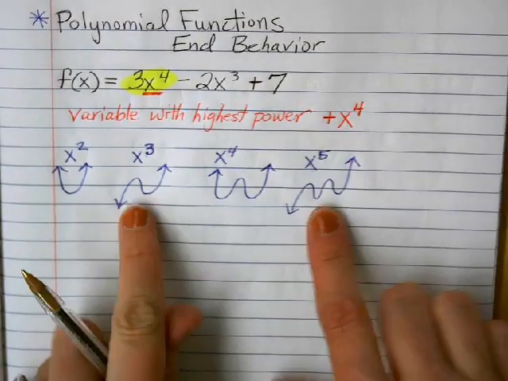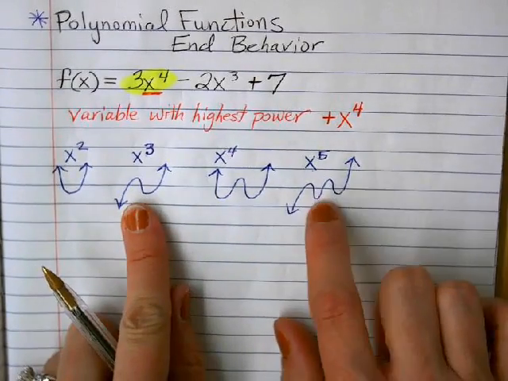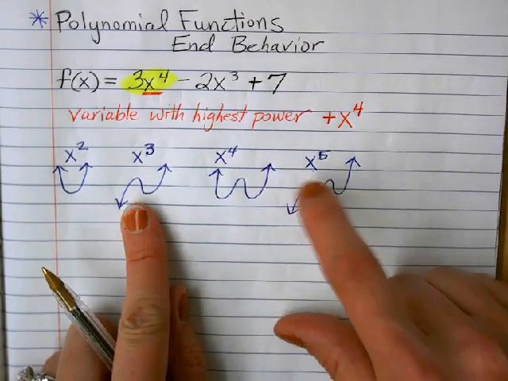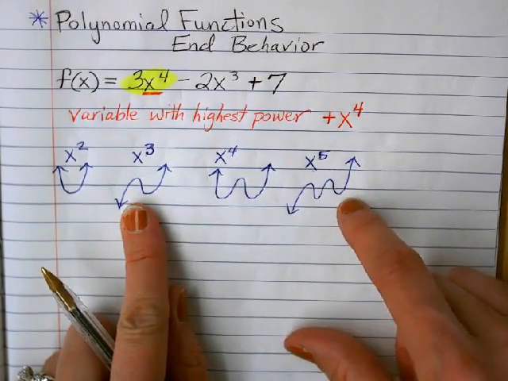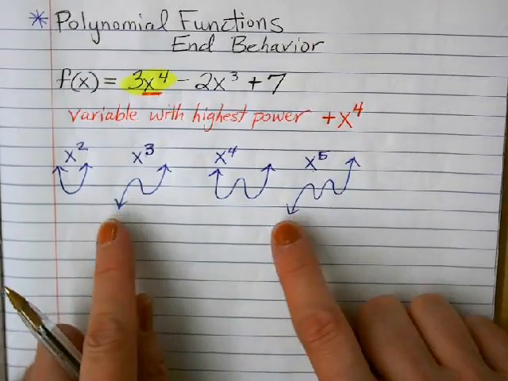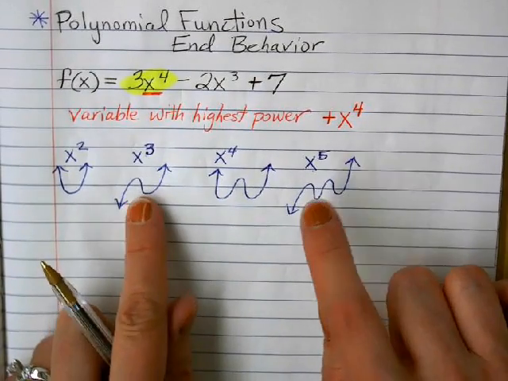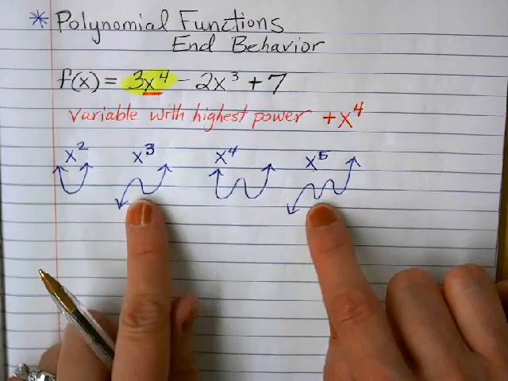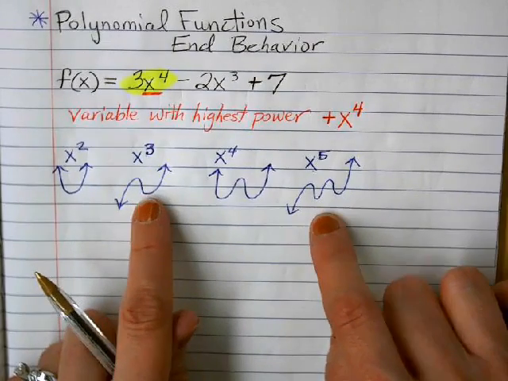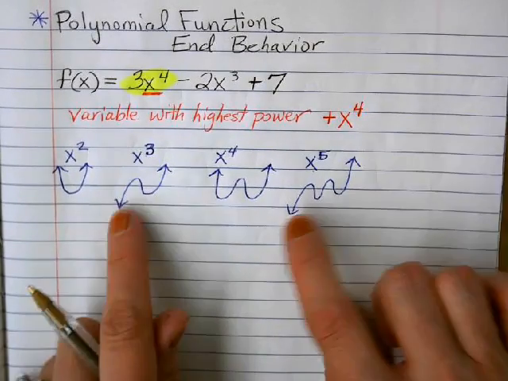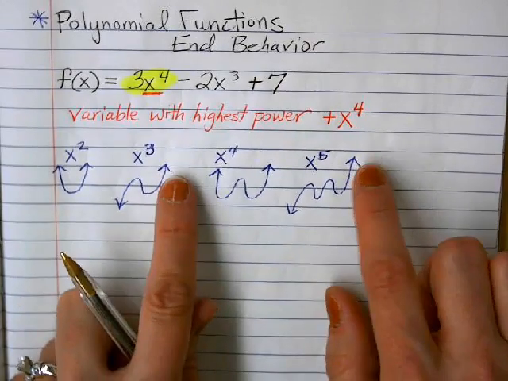They look the same, except the fifth one has an extra bump in there. It goes up and down again. But doesn't the third power graph and the fifth power graph kind of look the same? As far as this arrow's pointing down, and then this arrow's pointing up.